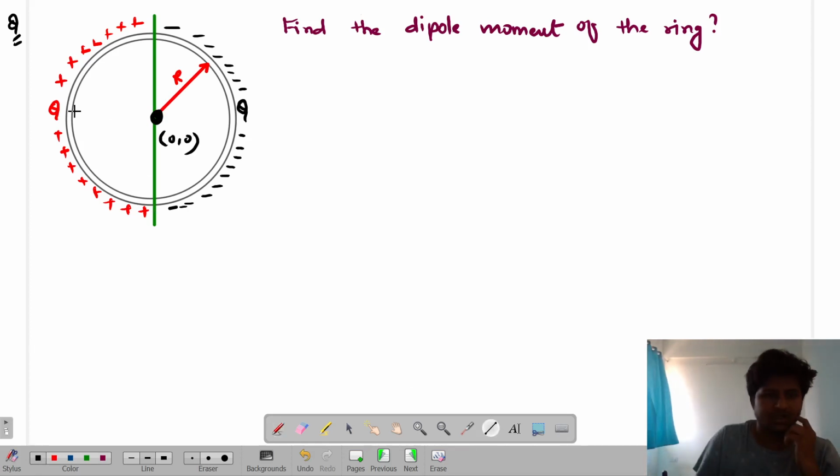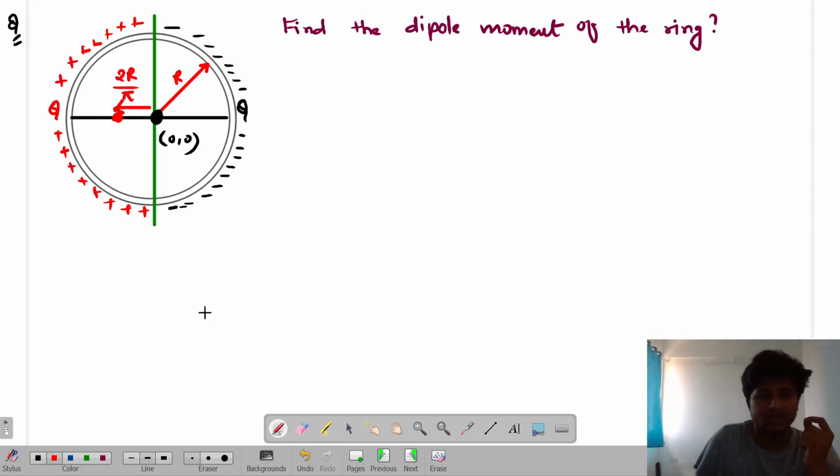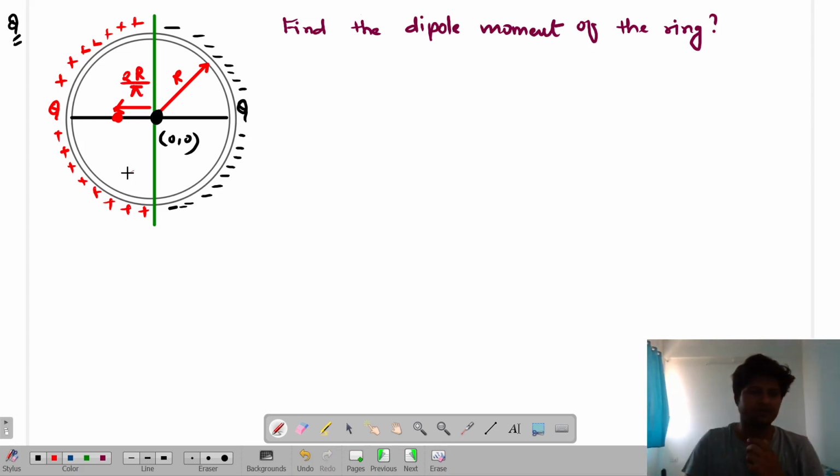The center of the semicircular ring exists somewhere over here, exactly at the distance 2r by pi. Didn't you do center of mass? There they teach us that center of mass means the center of the particular system. So for a semicircular ring, the center exists at 2r by pi. Are you able to get me?